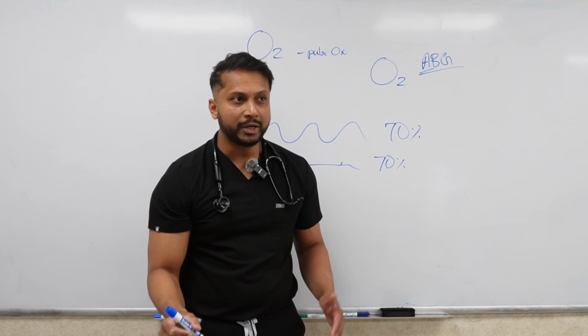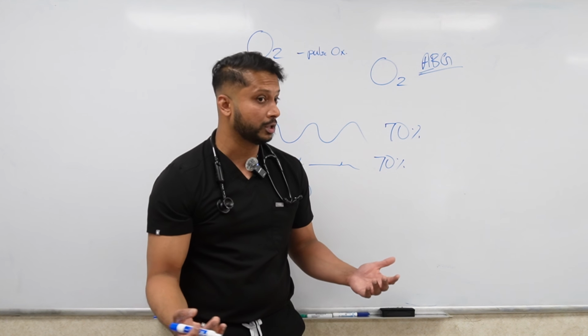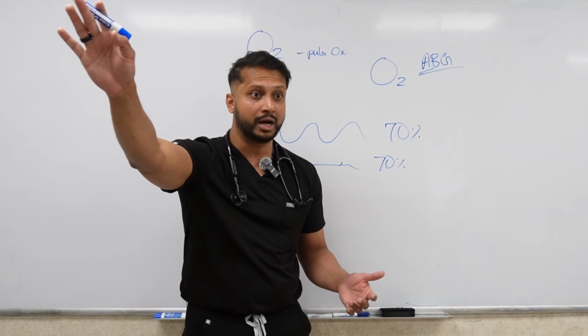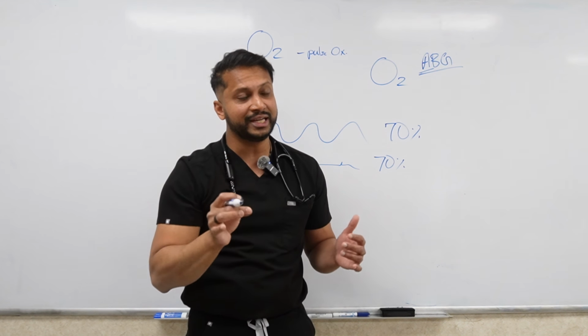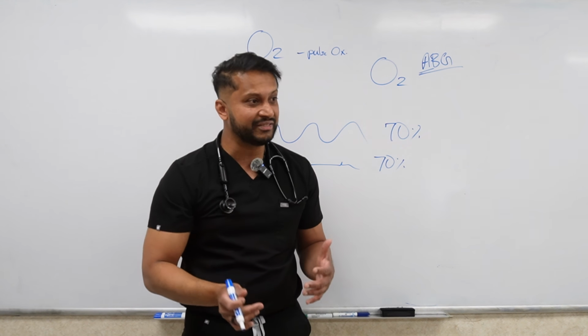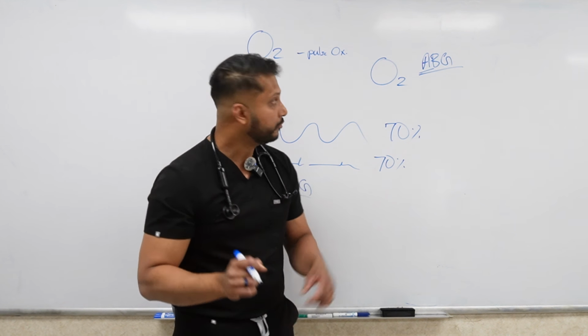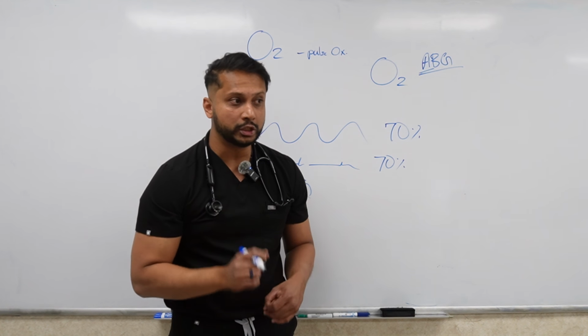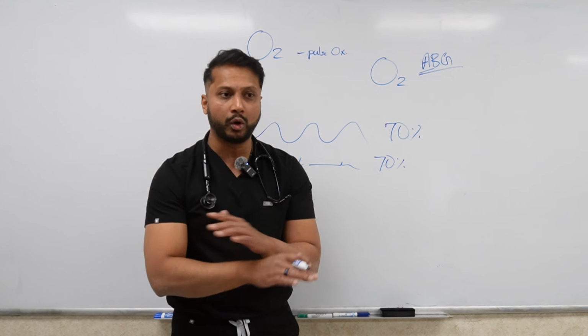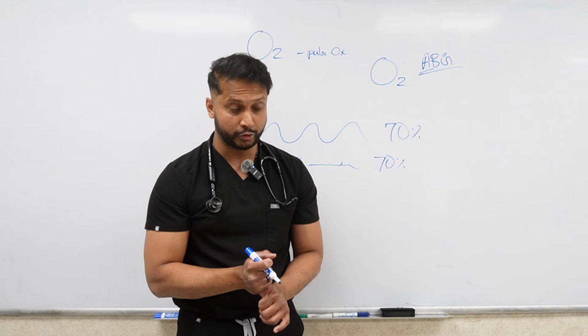Normally arterial oxygen will tell you the patient's oxygen saturation up to 100. If you look at your venous oxygen, the max it will go to is about 70. You cannot judge the patient's oxygenation with a VBG. You need an ABG. So ABG is always going to be your number one.